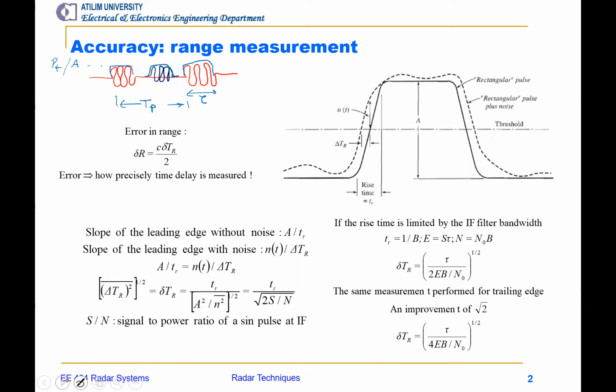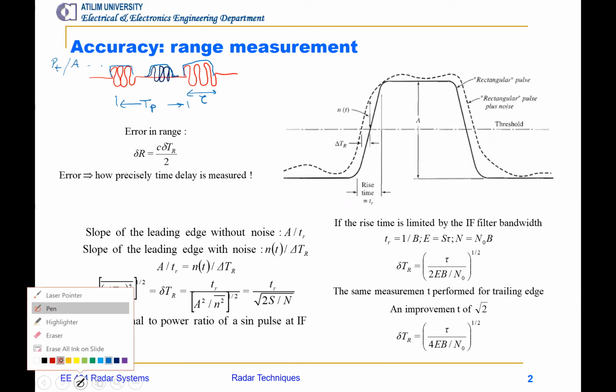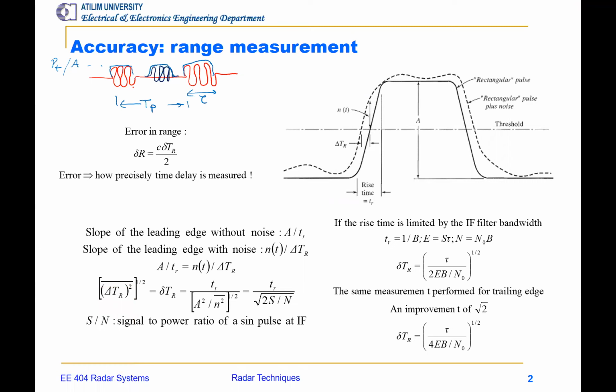The time duration from the trailing edge of the transmitted pulse to the leading edge of the next pulse will give us the time elapsed due to the signal traveling from the radar to the target and then returning back to the radar.